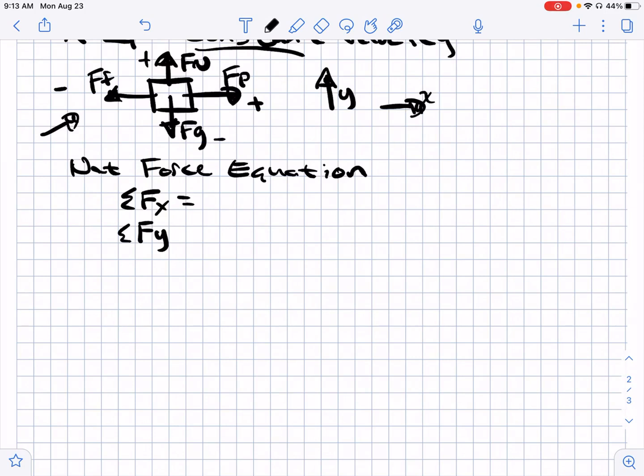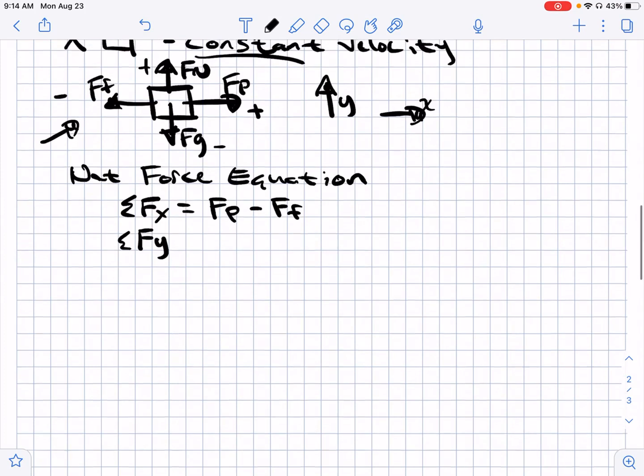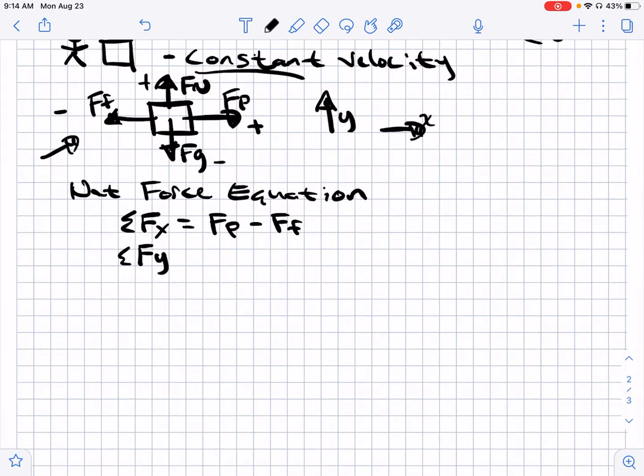So knowing that, looking at that diagram, in the x direction, the force that's in the positive direction, I'll write that one first, that's a push force, so FP. And then the force that's pointed in the negative direction is my friction. And we know that it's moving at a constant velocity, so that net force equation has to equal 0. So there's my first net force equation.